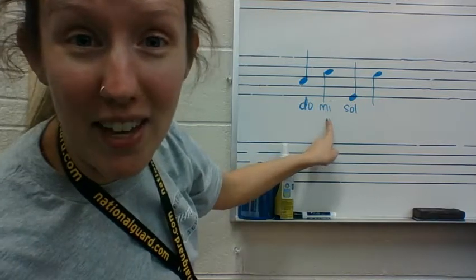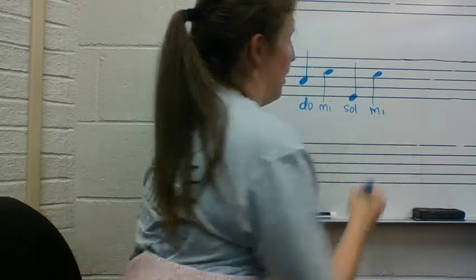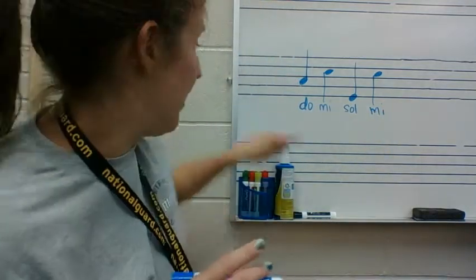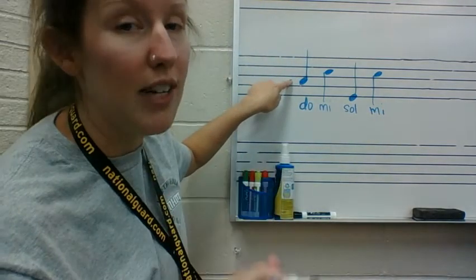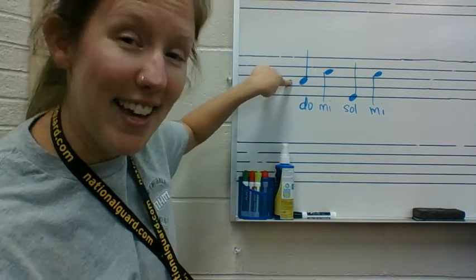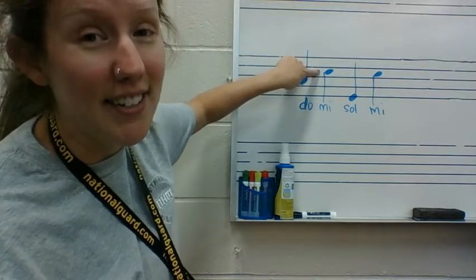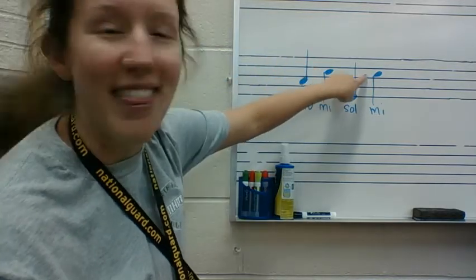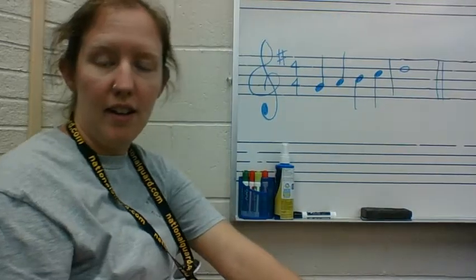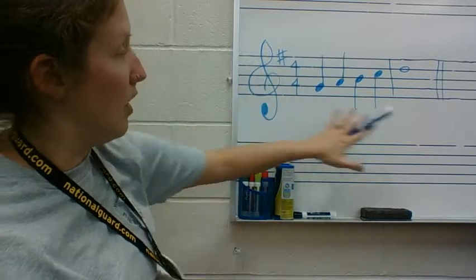So let's make use of that knowledge. Because if I've said that this is do, and we haven't changed keys and we haven't changed songs, then this is do forever. Guess what? If I've told you this is mi, and we haven't changed keys and we haven't changed songs, this is also mi.